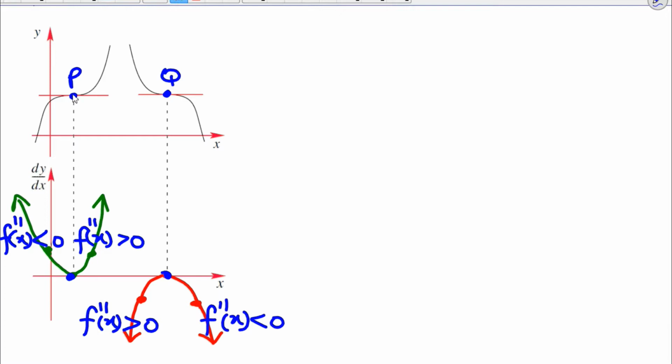Another thing that we can notice is this. If you consider these two points, we can notice that at this point, the gradient is equal to 0. Look at points P and Q. The gradient is equal to 0.